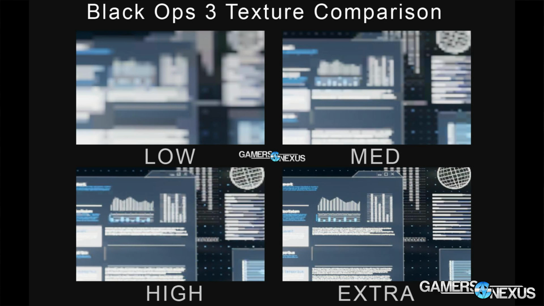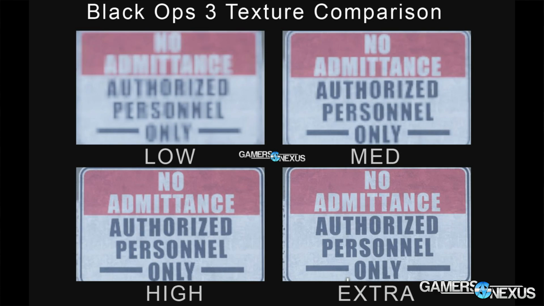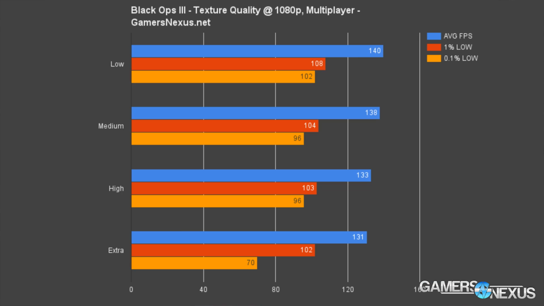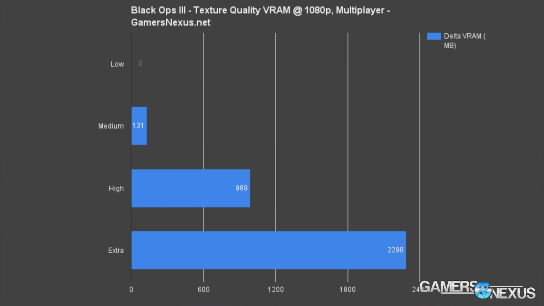Texture quality corresponds with resolution of in-game textures, and low is so hideous that we'd really urge you to avoid going down to low. We'd push you more towards medium as a tolerable low-end hardware setting that still grants you an extra 5% performance over extra, especially with a smaller frame buffer, because extra does consume a huge amount of video memory. And you can see that delta comparison in our chart, where it's a couple gigabytes delta for extra on texture resolution.